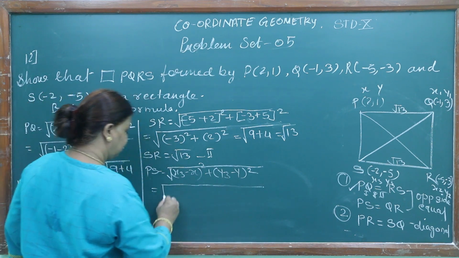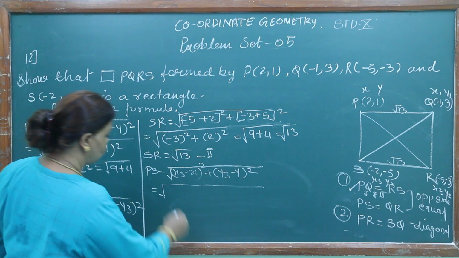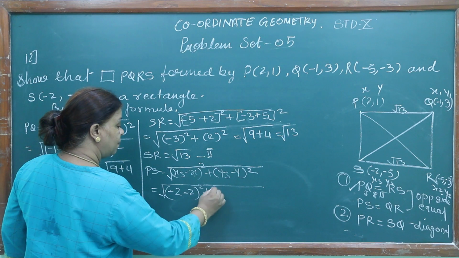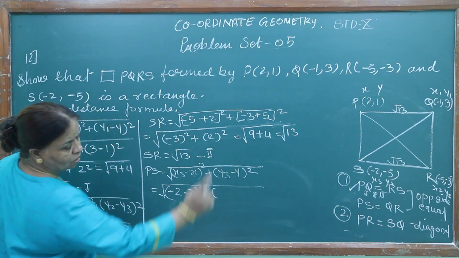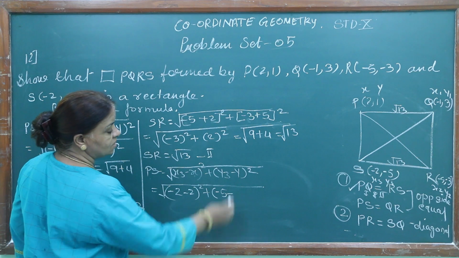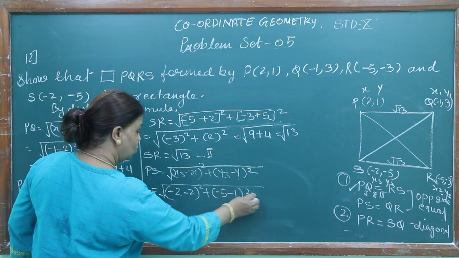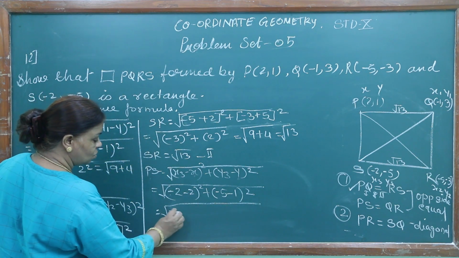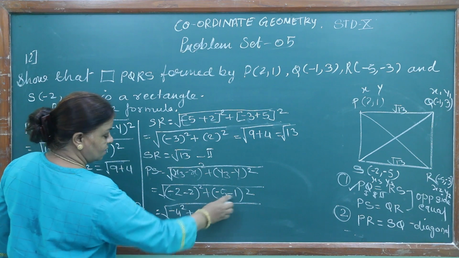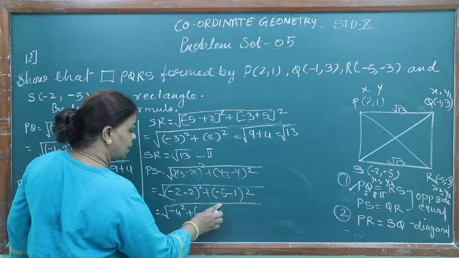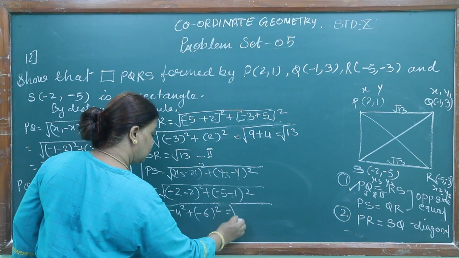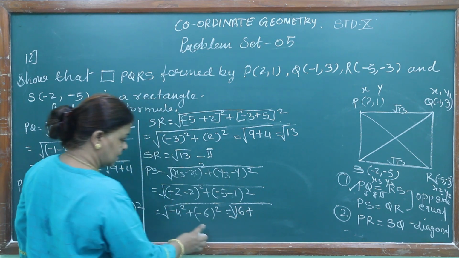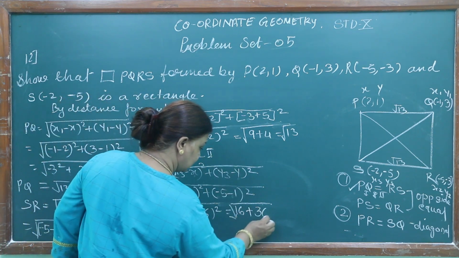Now under the root, what is x3? Minus 2, minus x is 2, the whole square, plus y3 minus y1, the whole square. y3 is minus 5, minus y1 is 1, so minus 2 minus 4 the whole square plus minus 6 the whole square, which will be equal to minus 4 means 16 plus minus 6 the whole square is 36.